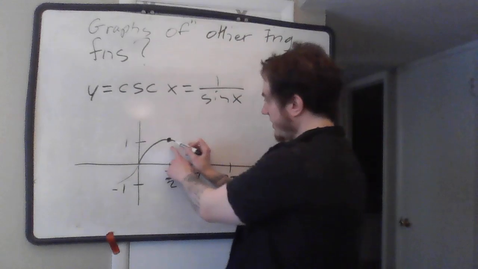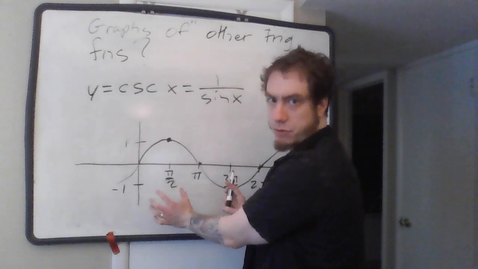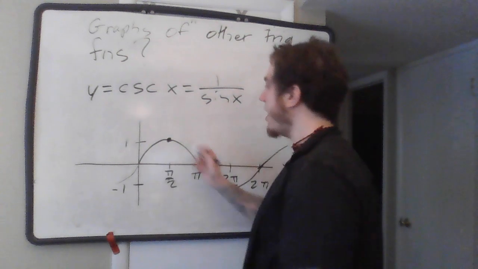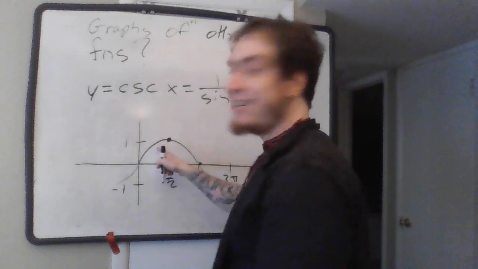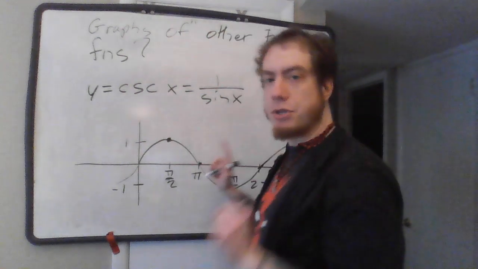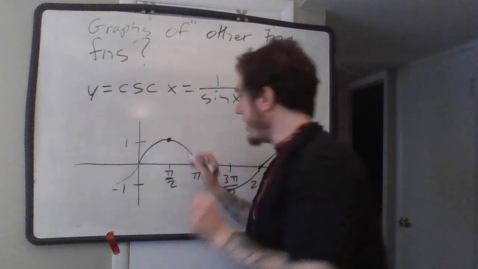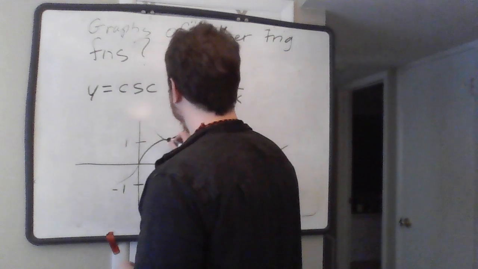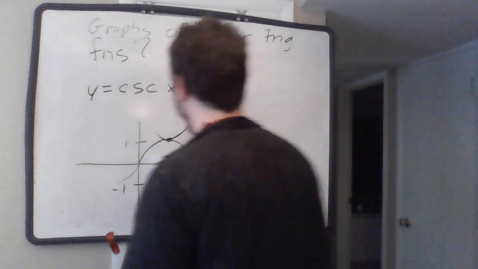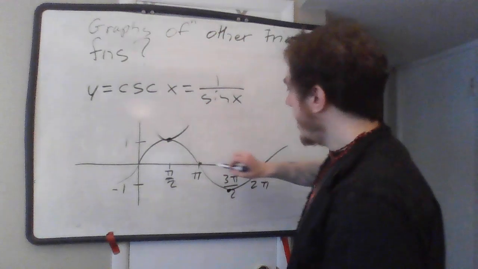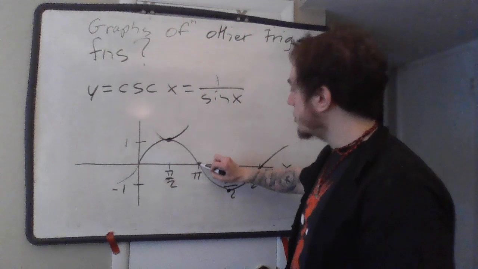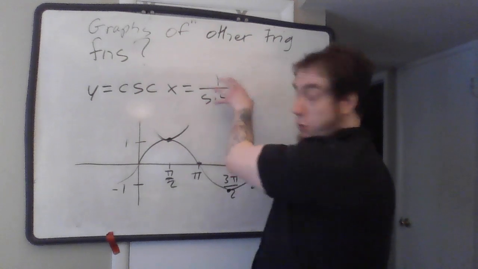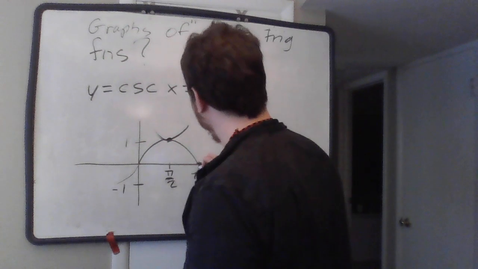Now, let's take this pi over 2 spot here. As I move on either side of pi over 2, sine is getting smaller. So what happens to the reciprocal? It gets bigger, right? On either side we start getting bigger, and so we get this kind of U shape going upwards. And as the sine function approaches a value of 0, this reciprocal is going to blow up.